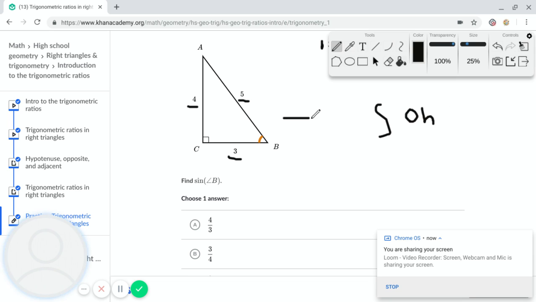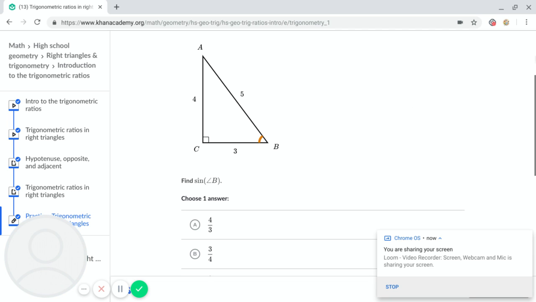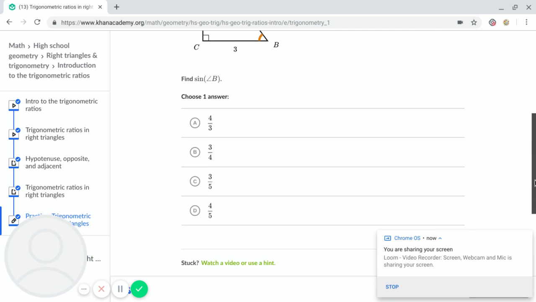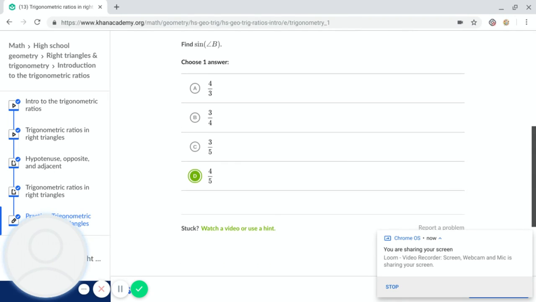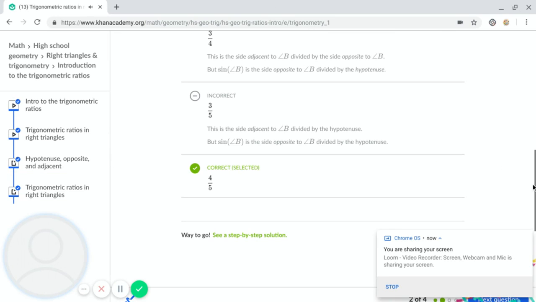Opposite over hypotenuse. So that would be 4 over 5. And let me just correct that for a second, because that is disgusting. Much better. All right, and let's see. Yep, there's an answer. 4 over 5. And here we go.